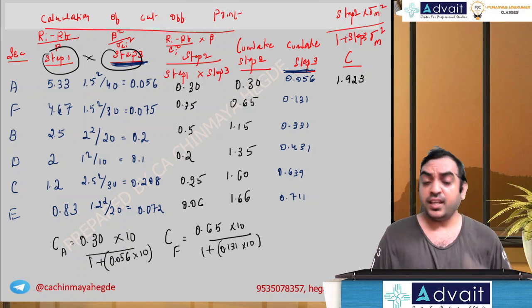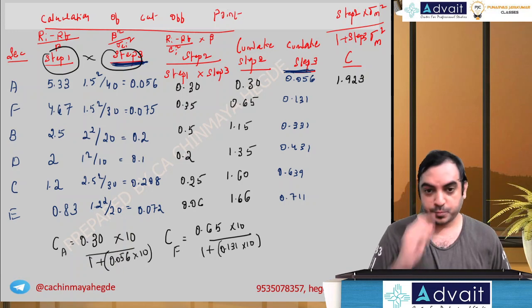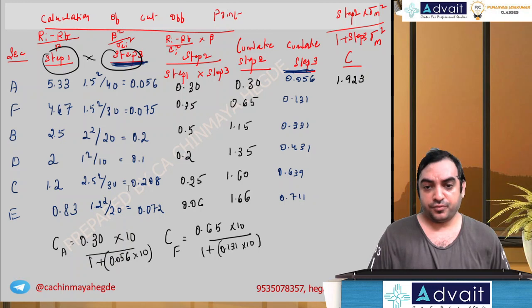Again, denominator first now, 0.131 into 10 plus 1 equal to M plus, then 0.65 into 10, you get 6.5 divided by MRC equals. You get 2.814. Okay, I'll do the next one also, CB.